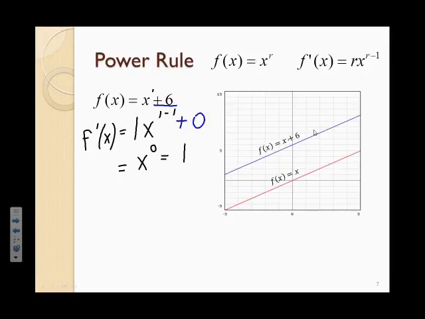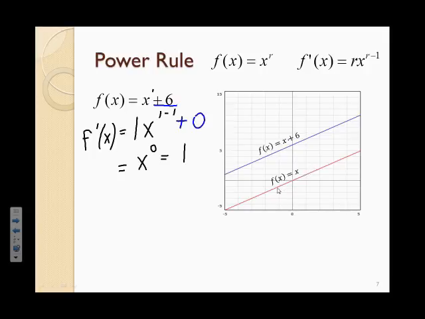Everyone understands this. Now I say, why doesn't that affect anything? Why does a constant not change the derivative? Well, again, remember, the derivative is the slope. And here on the graph, I have f of x equals x plus 6, the blue line. And down here, I've graphed just f of x equals x without the plus 6 on it.